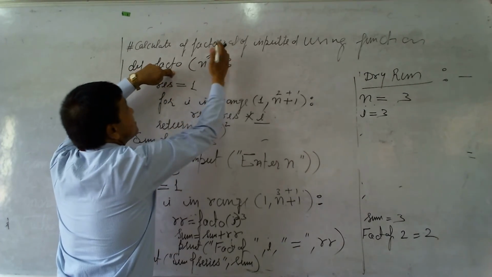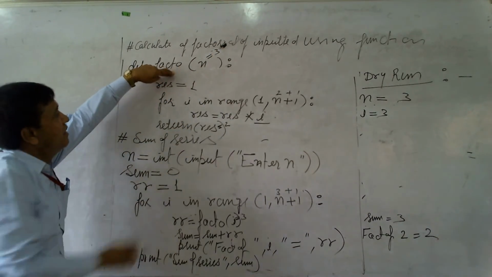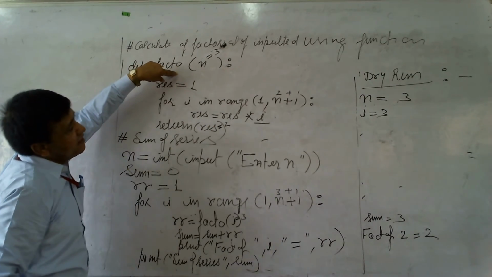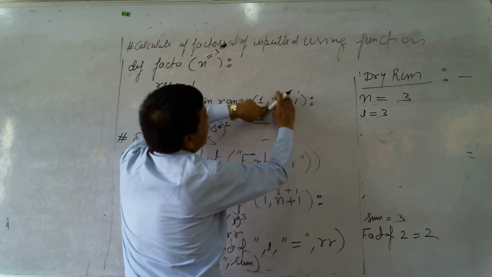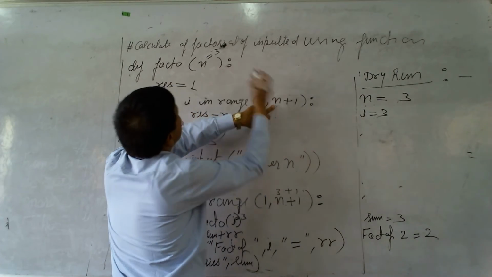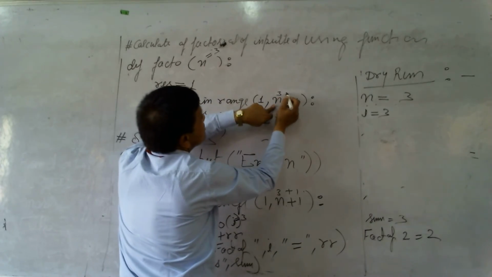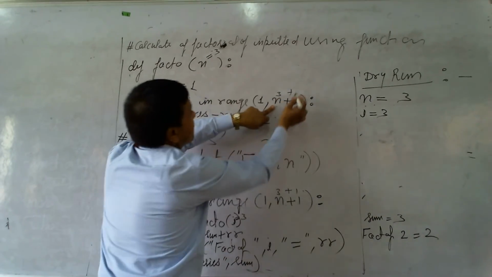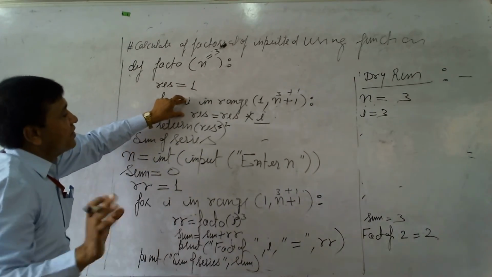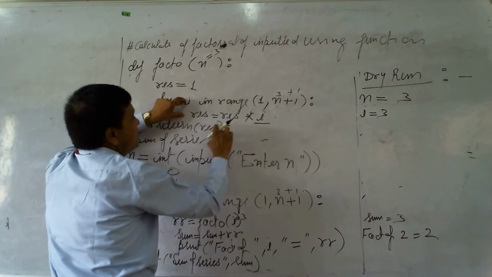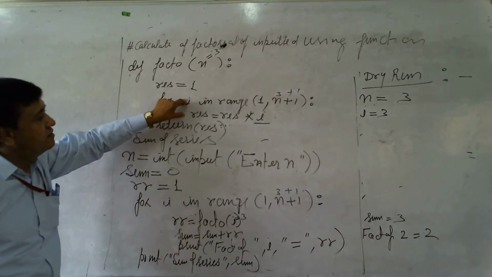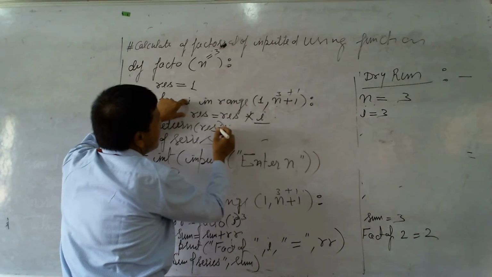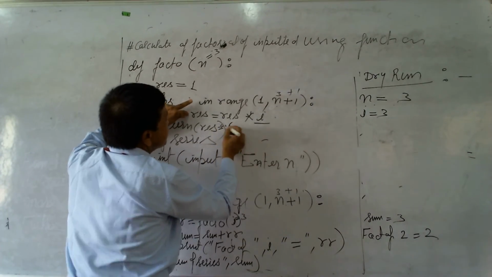Now this n will be 3, and this block will be executed again. Now as the value of n is 3, this will be 3 plus 1, and this block will give you the factorial of 3. As we know, factorial of 3 is 6. So RES will contain 6.